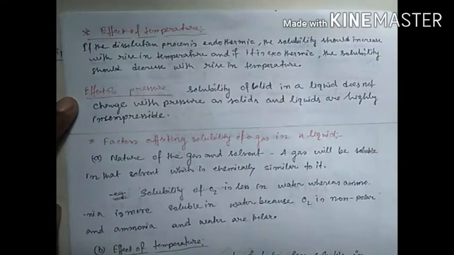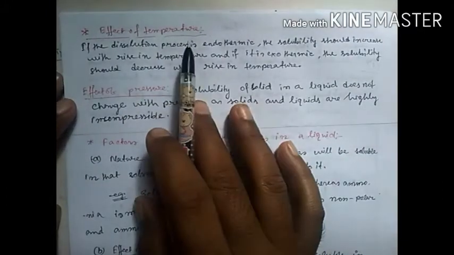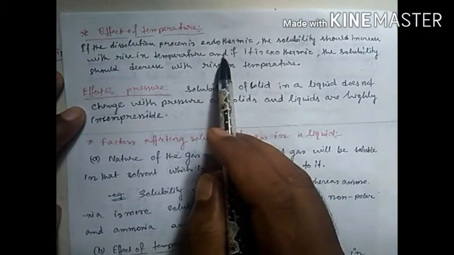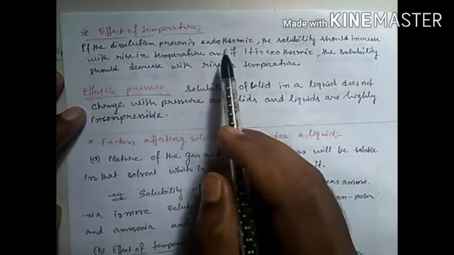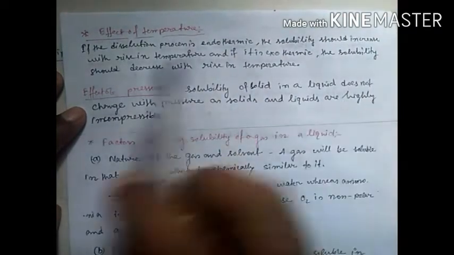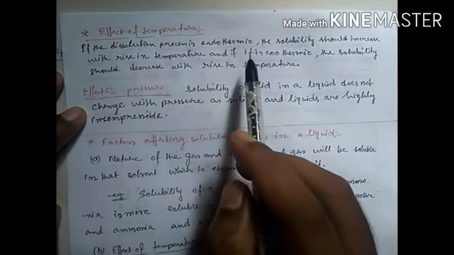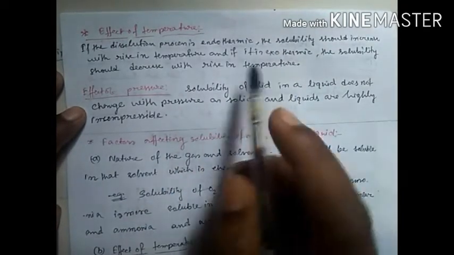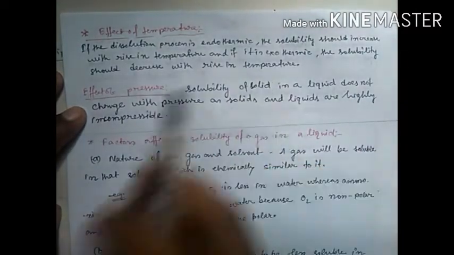If the dissolution process, that means dissolving the solid in solvent, is endothermic, that means you need to give heat to the solution to dissolve the solute, the solubility should increase with rise in temperature. And if it is exothermic, that means heat is evolved from the solution, the solubility should decrease with rise in temperature.